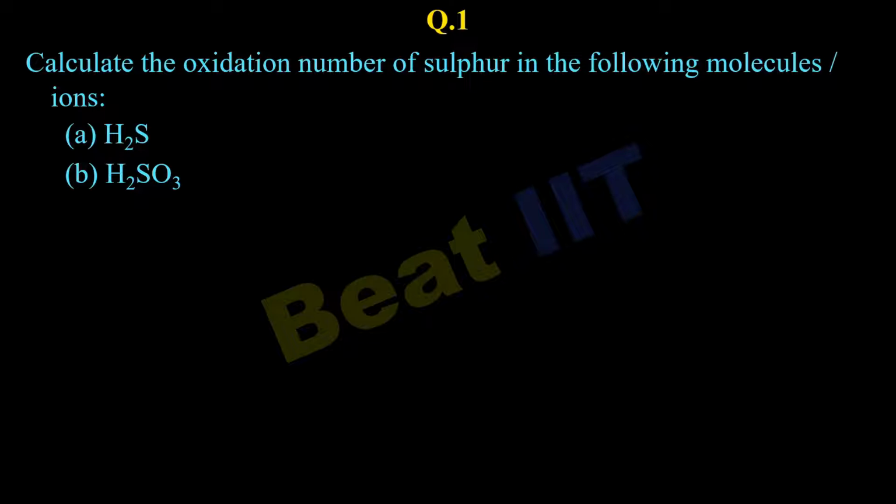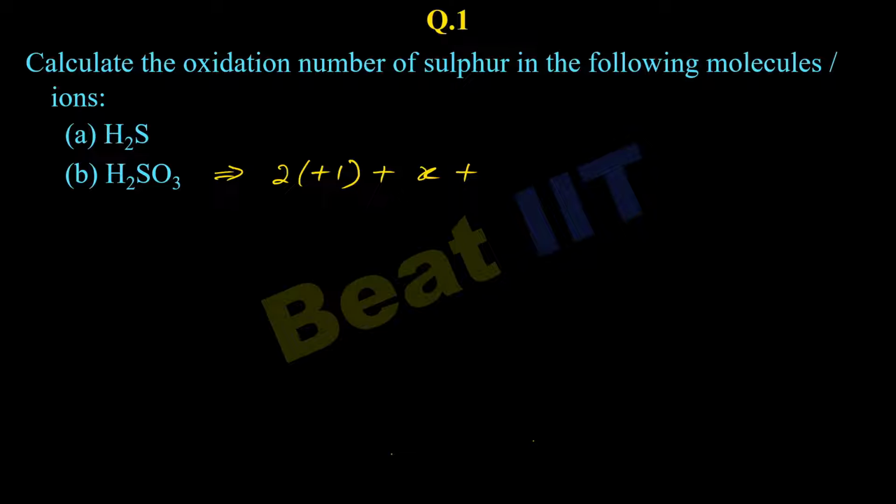Next, H2SO3. Here also we need to calculate the oxidation number of sulfur. The sum of all oxidation states will be 0. So we will do 2 hydrogens, 2 times +1, plus sulfur, let it be X, plus oxygen. It is a normal oxide.